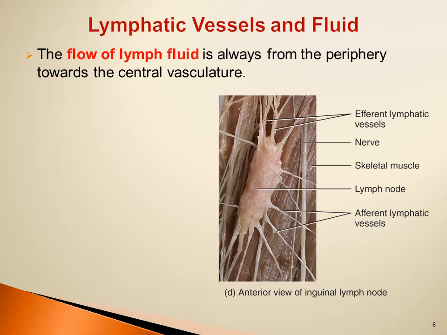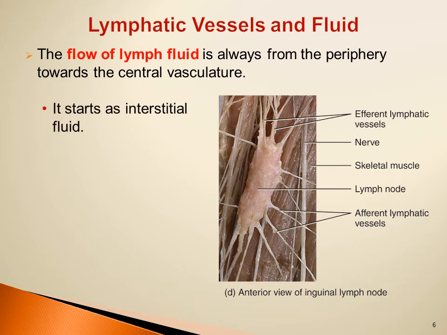The flow of lymph fluid is always from the periphery towards the central vasculature. As you can see here, we have afferent lymphatic vessels that bring lymph to the lymph node, and then efferent vessels will carry lymph towards the central vasculature.